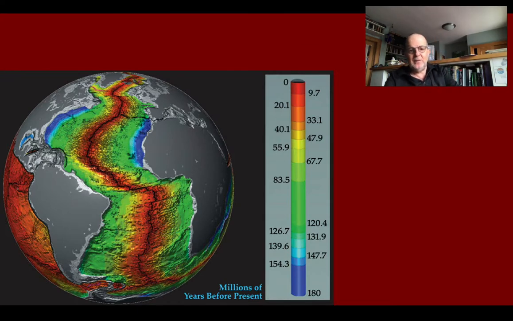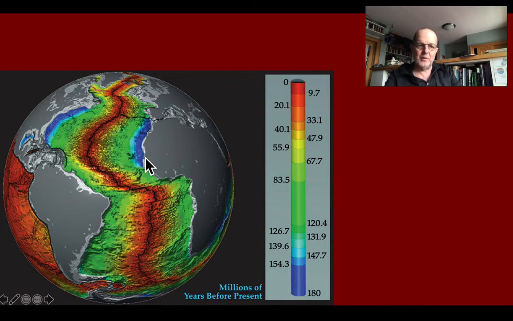And this is where we are today. This is the oldest part of the ocean basin along the North American coast and along the northwestern coast of Africa and a bit of the Iberian Peninsula, about 180 million years old.